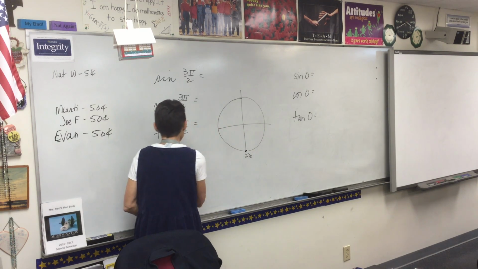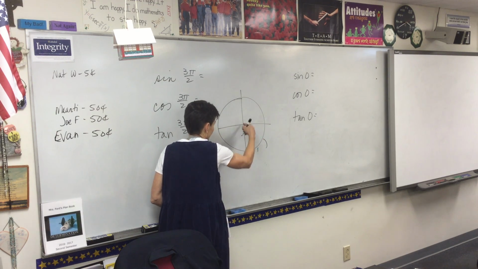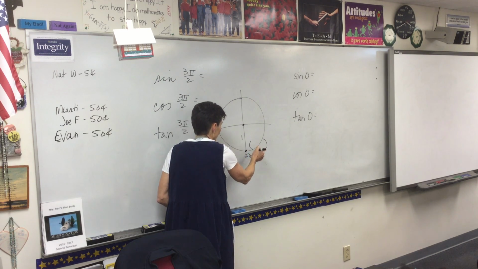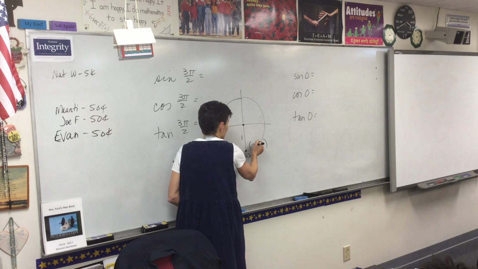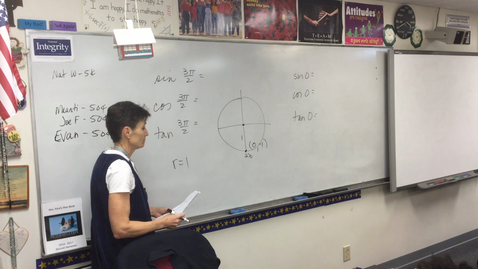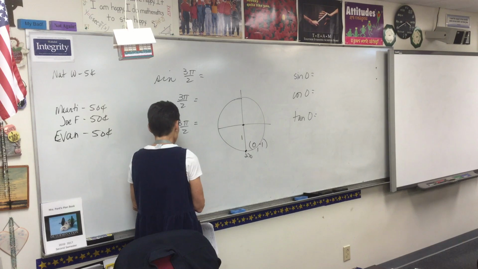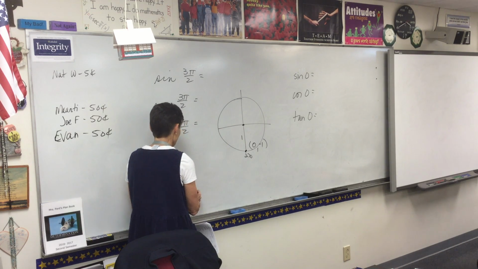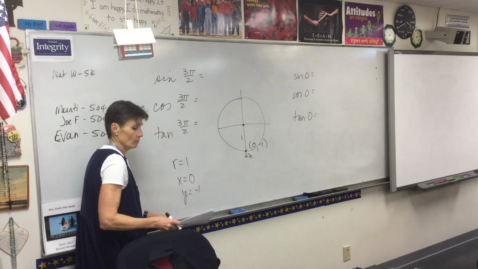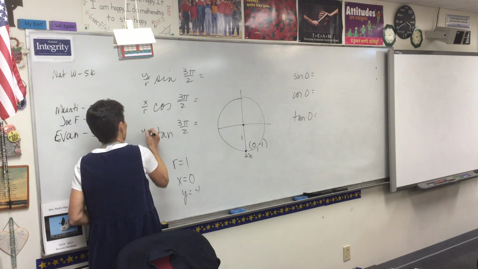And if I let my radius be 1, then what would be this point right here? If the radius is 1, what would be this point? 0, negative 1? So x is 0 and y is negative 1. Here we go. Y over r, x over r, y over x.